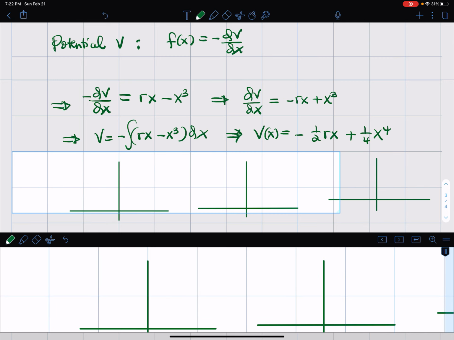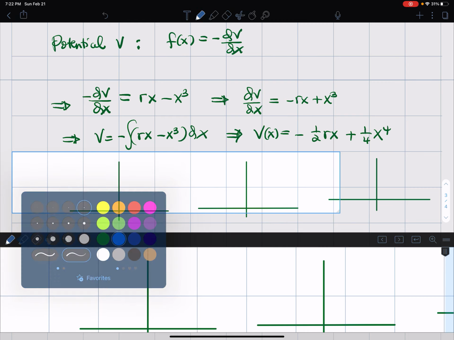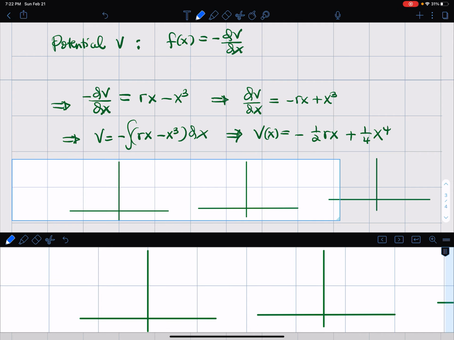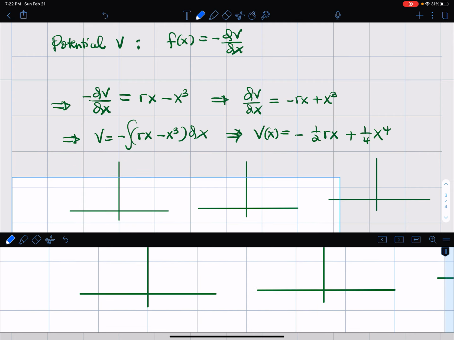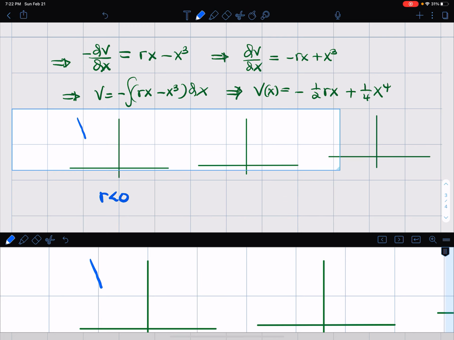So remember that potential is another way of finding fixed points and discussing their stability. So for r less than 0, if you sketch this, you get something like this.